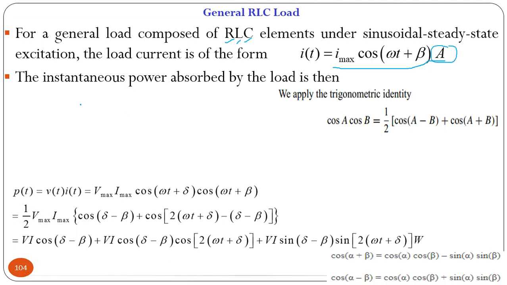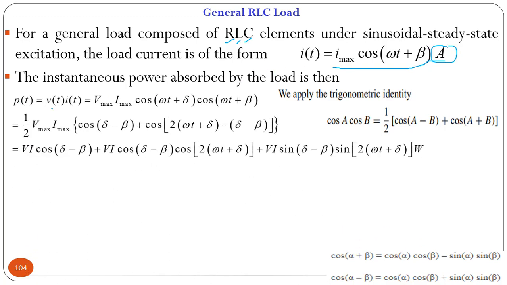So the instantaneous power absorbed by the load is the product of the instantaneous voltage times the instantaneous current. The instantaneous voltage is V max times cosine of omega t plus sigma, and the instantaneous current in the general load is I max times cosine of omega t plus beta.